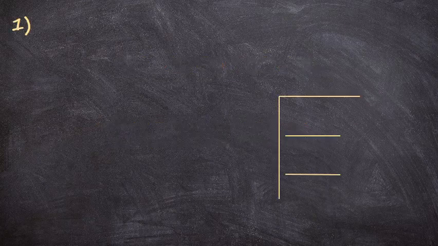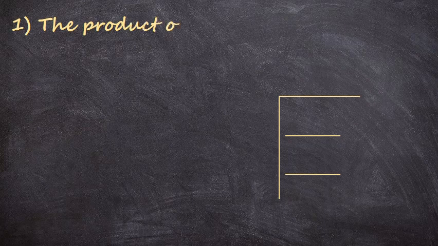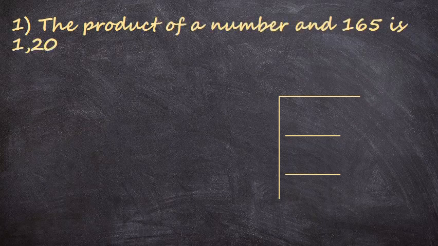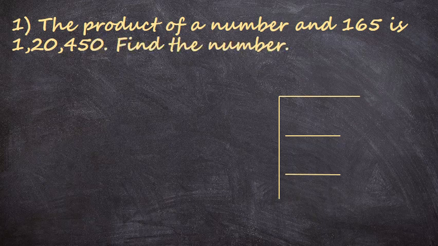Now proceeding towards the exercise, the very first question is: the product of a number and 165 is 1,20,450. Find the number. I am repeating the question once again. The product means the multiplication of one number with another number.